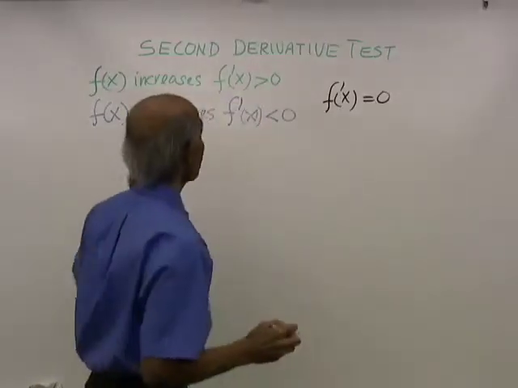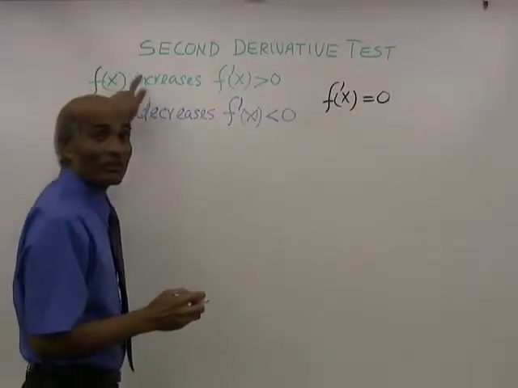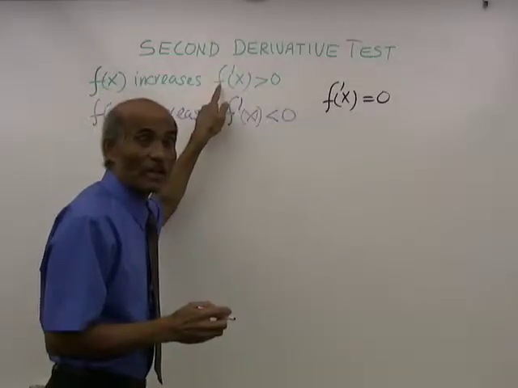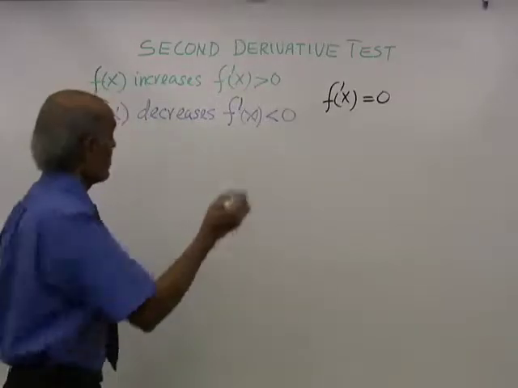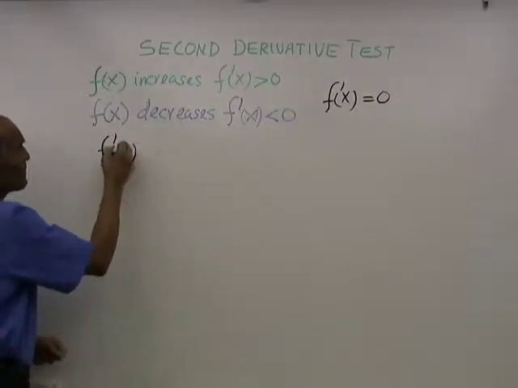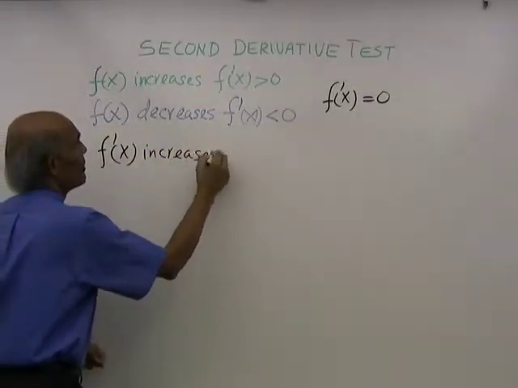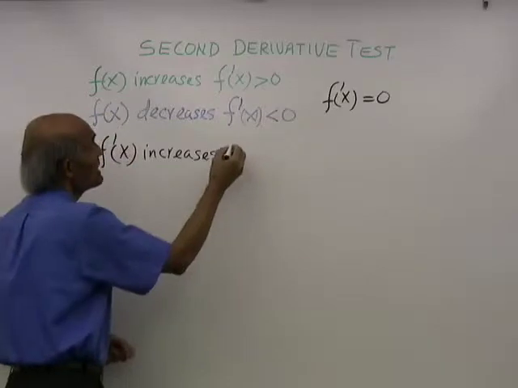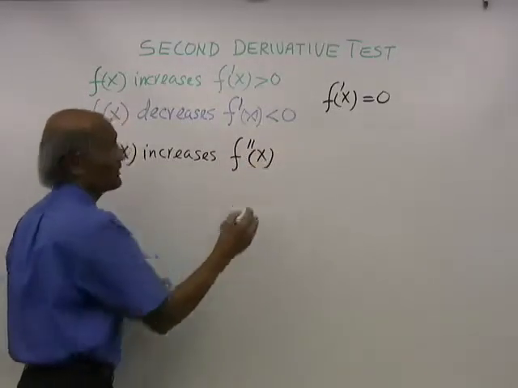Now, tell me, if f of x increases, then f prime x, its derivative, will be positive. Alright, tell me this. If f prime of x increases, what do you think will be the nature of f double prime x?